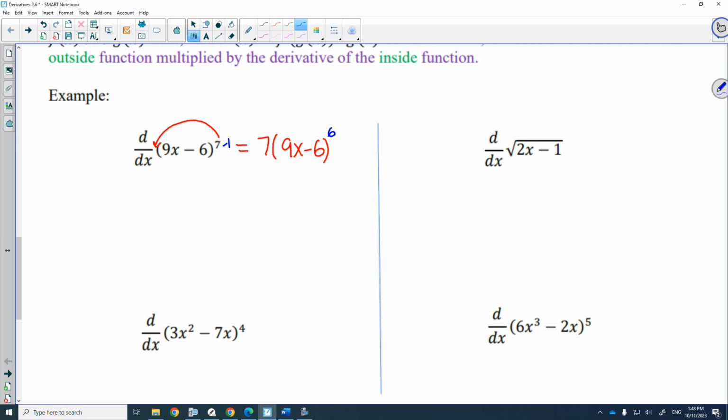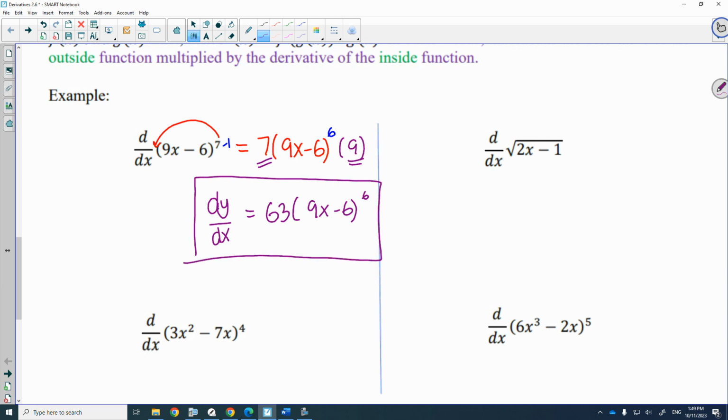And then take the derivative of the inner function. And Emily, what would the derivative of the inner function be? 9. Okay. dy dx is equal to 7 times 9 is 63, 9x minus 6 to the power of 6. And we're not going to expect you to expand that out.